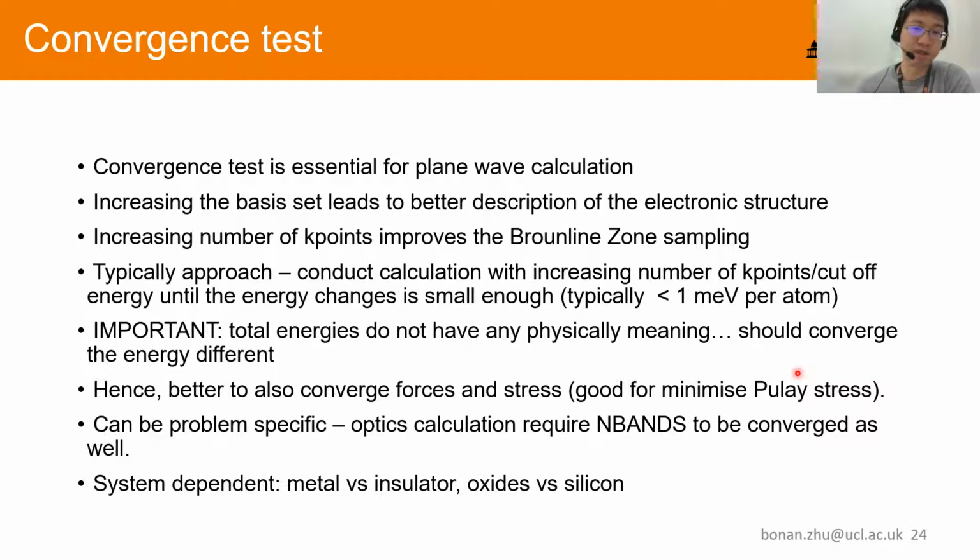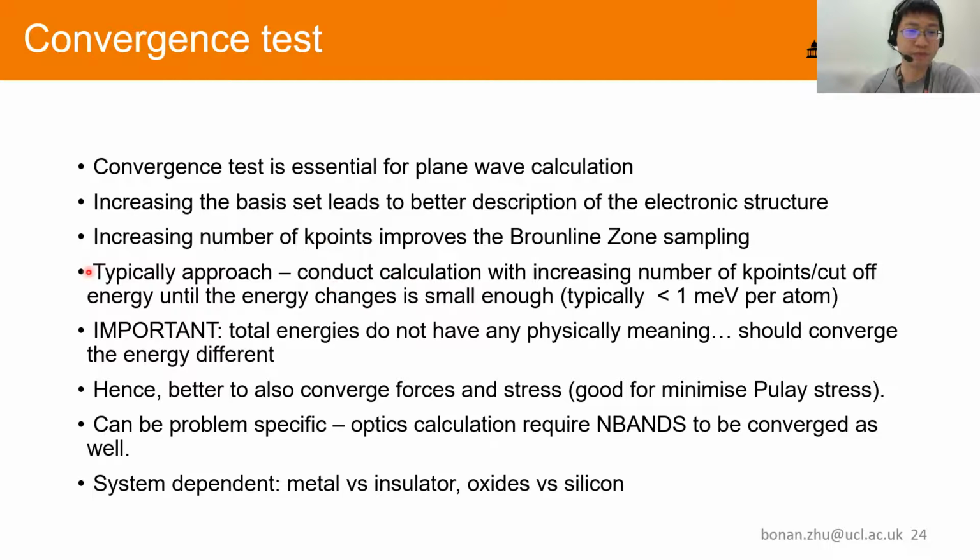Basically, this involves increasing the cutoff energy and also the K-point sampling. The typical approach is to just do a single point calculation without moving ions, and you increase the cutoff energy until the energy change is small enough. The same goes for the K-point sampling.